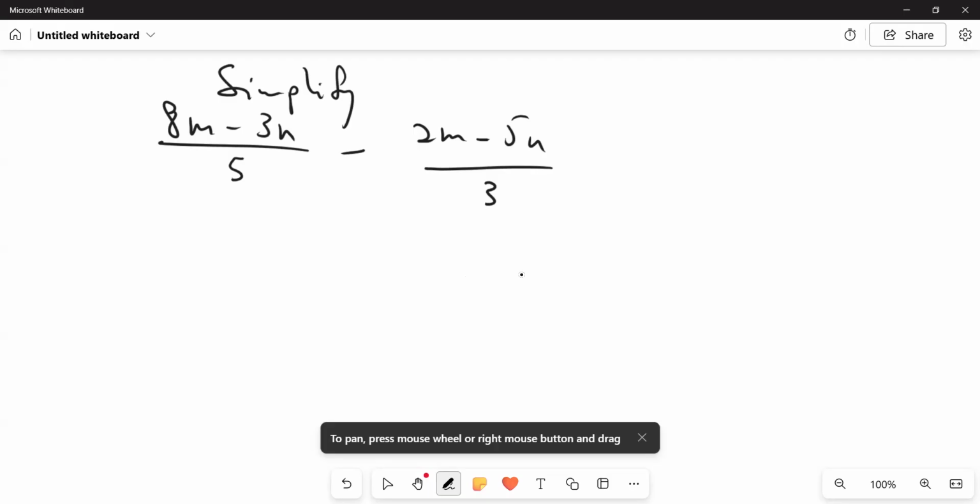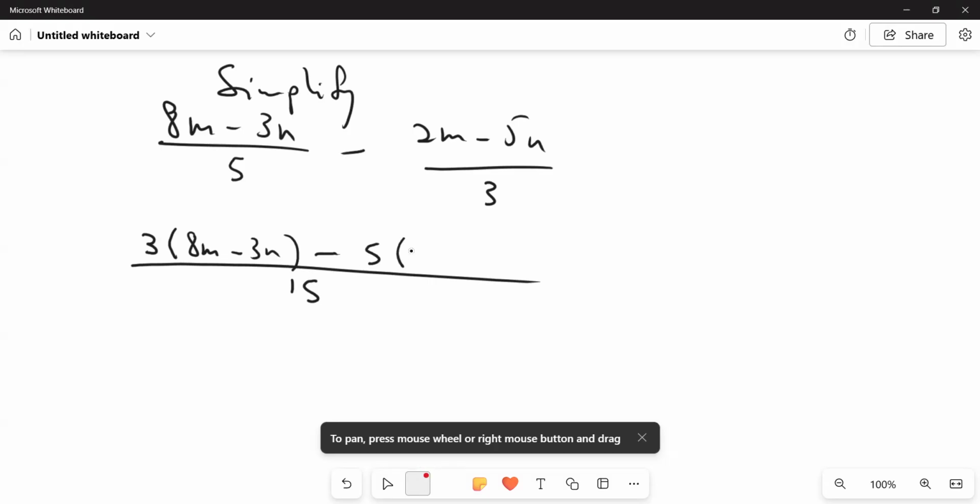So you find your LCM, which is 15. Oh, no problem there. 5 into 15 is 3. So you multiply that by the entire numerator. It might be difficult for you to do it in your mind. Put back your minus sign. 3 into 15 is 5 times 2m minus 5n, right? And now you can remove your bracket.